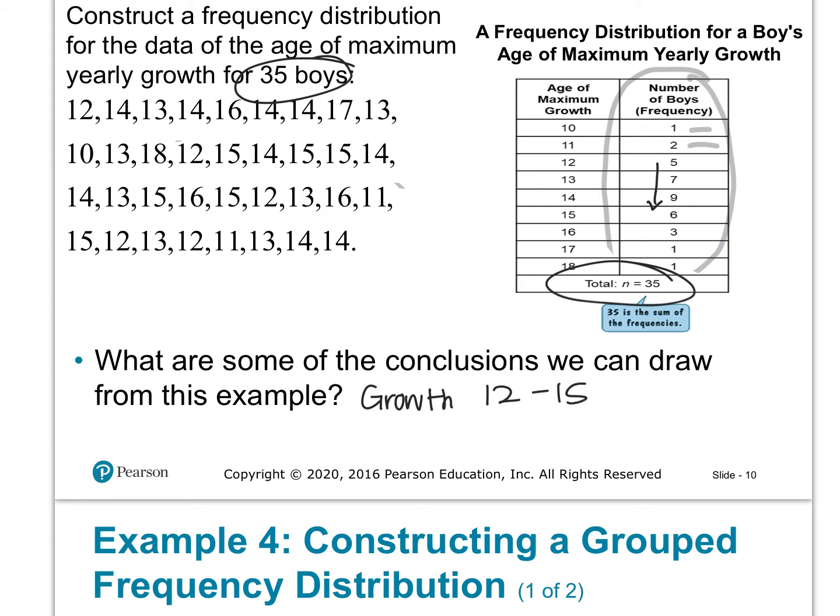And then you would look and see what is the year that has the most growth? So you'd say max growth was at age 14. And then you could say minimum growth would be like 10, and then 17 and 18. So they just start to grow, and then they stop growing around 16.